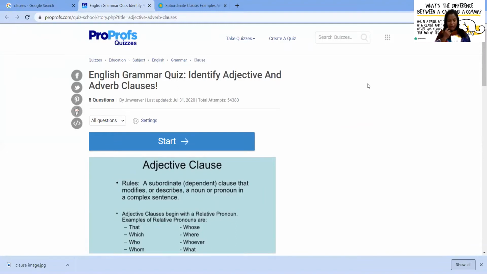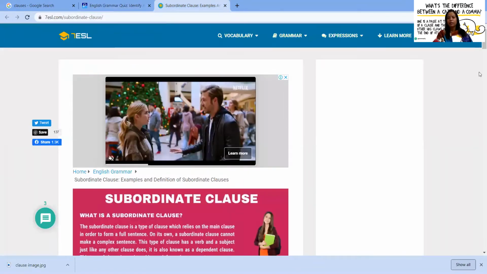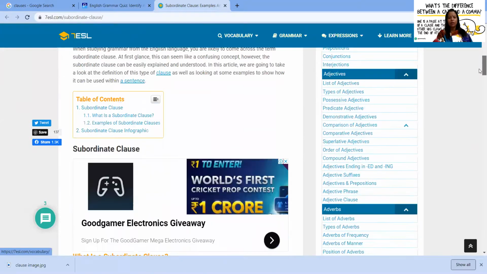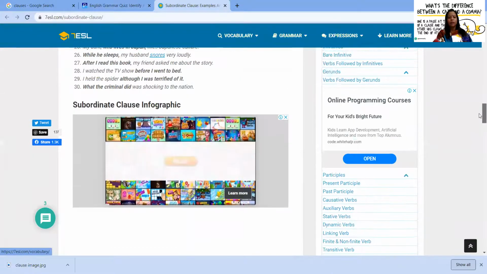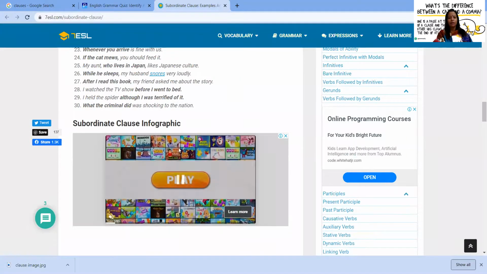And I guess there is one point which I missed, and you know what that was? Any idea? We did the subordinate clause, right? These were various examples.